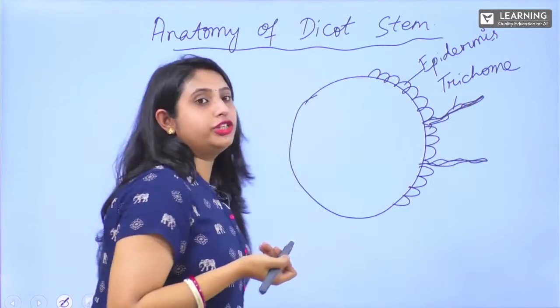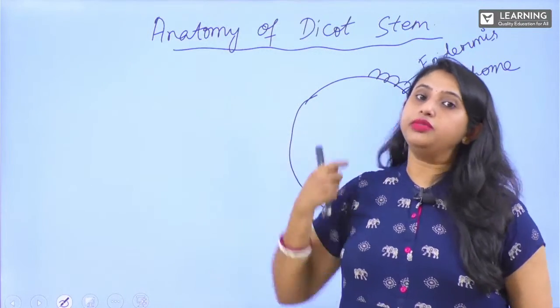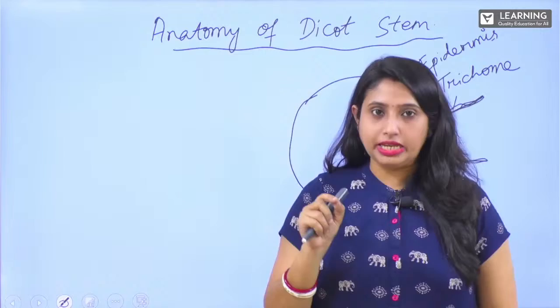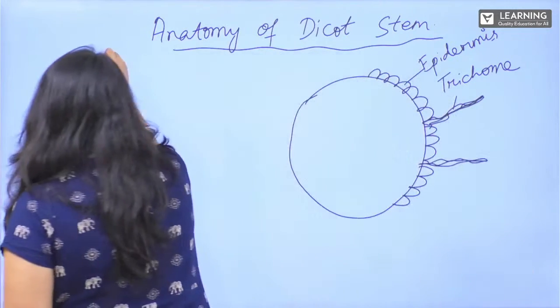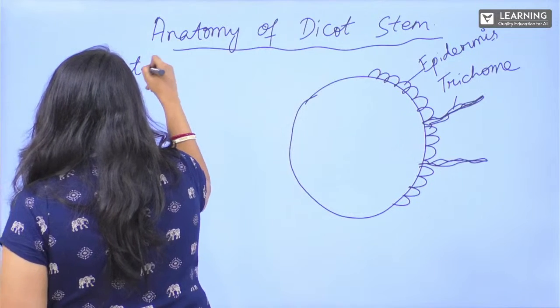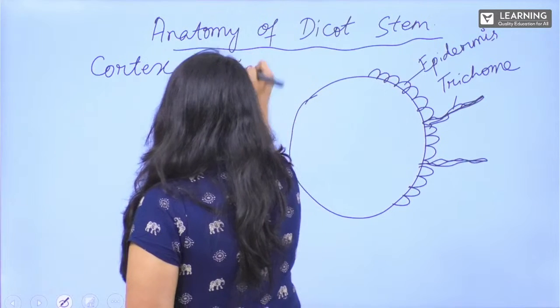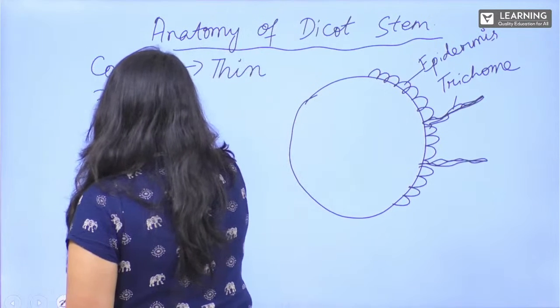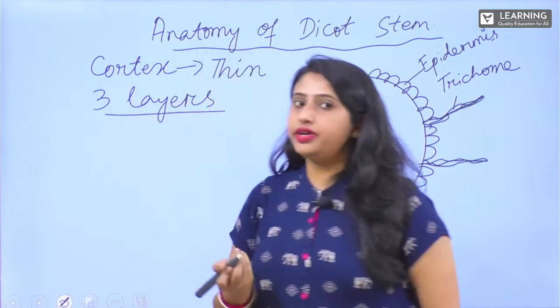Now, in case of this dicot stem, their cortex is thin, and it is made up of 3 layers. Because the cortex is thin, how many layers is it made up of? It is made up of 3 layers. So what are the 3 layers of the cortex?